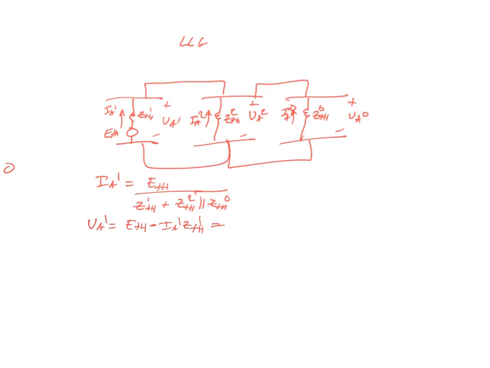That happens to equal VA2, and that also happens to equal VA0 because, again, they're in parallel with each other. Once you have VA2 and VA0, you can simply solve for IA2, which is equal to the negative, because it's in the opposite direction of the voltage drop, VA2 divided by Z Thevenin 2. And IA0 is equal to the negative of VA0 over Z Thevenin 0.